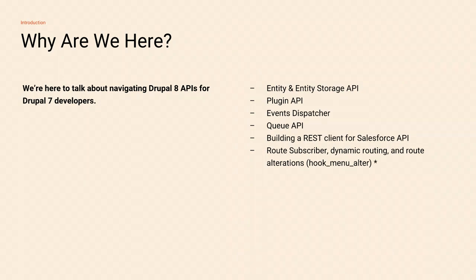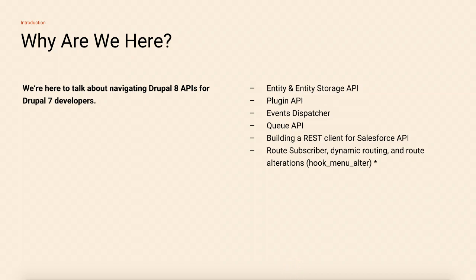Why are we here? This is sort of a case study and sort of navigational waypoints for somebody who's very familiar with Drupal 7 and trying to navigate Drupal 8. It's focused around my experience of updating a Salesforce module from Drupal 7 to Drupal 8 over the course of many years.